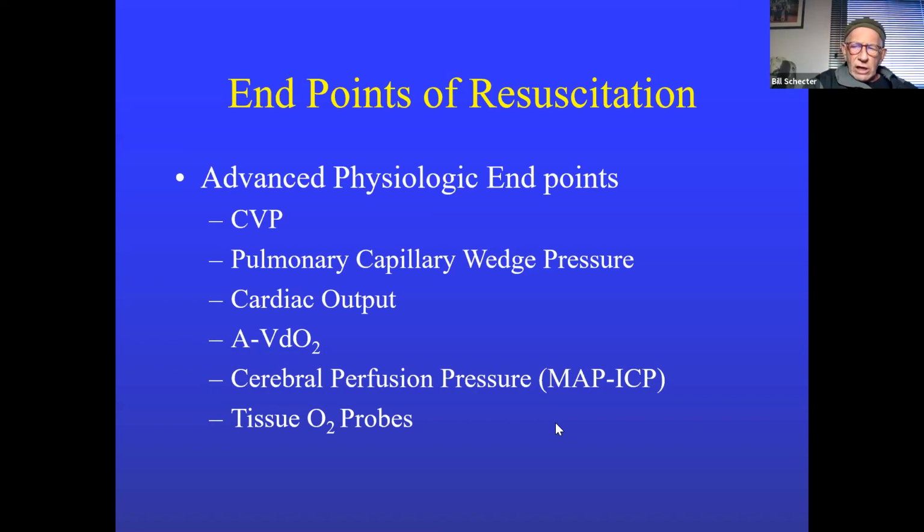We now use them much less because it didn't really affect outcome in most cases, unless you're dealing with a heart failure patient. We can actually measure cardiac output. And I won't go into some of these other advanced methods, like tissue oxygen probes and cerebral perfusion pressure and all that, but just say that what we're talking about in most of the hospitals that you and I are working with in Africa is central venous pressure measurement, because that can be done.